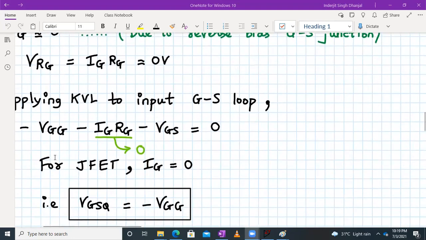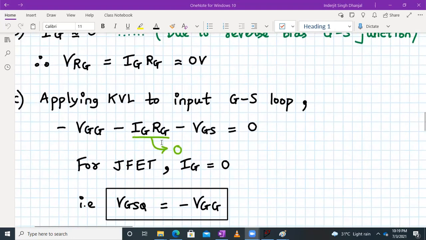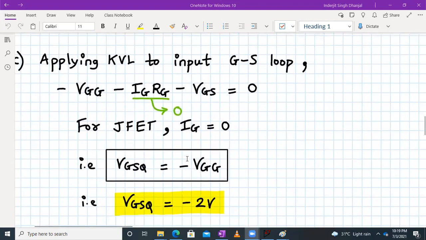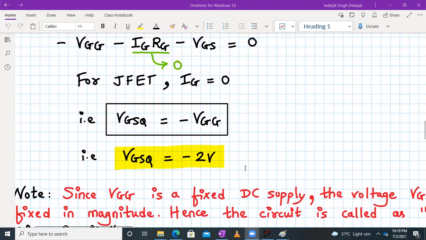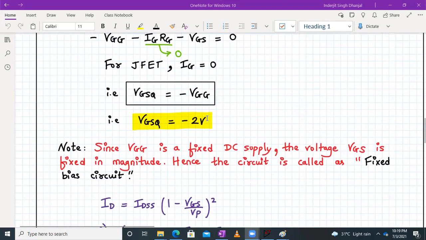But if we see carefully, IG is 0 for a JFET. So your VGS will be equal to minus VGG. So VGSQ will be equal to minus 2 volt because the VGG supply voltage is 2 volt. Since VGG is a fixed DC supply, the voltage VGS is also fixed in magnitude. Hence the name of the circuit is fixed bias circuit.